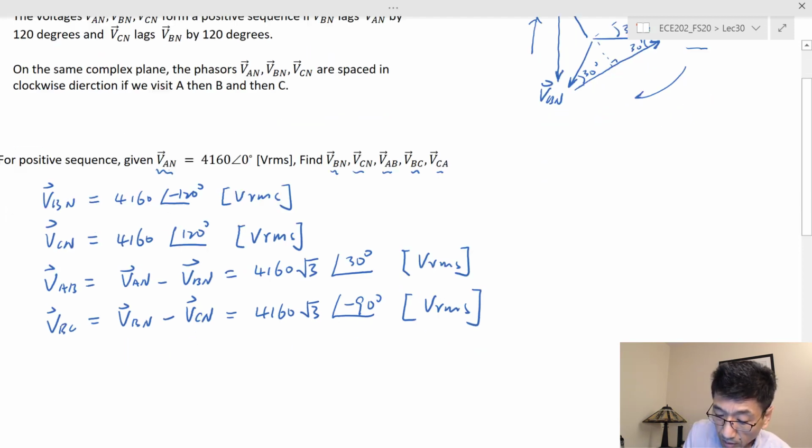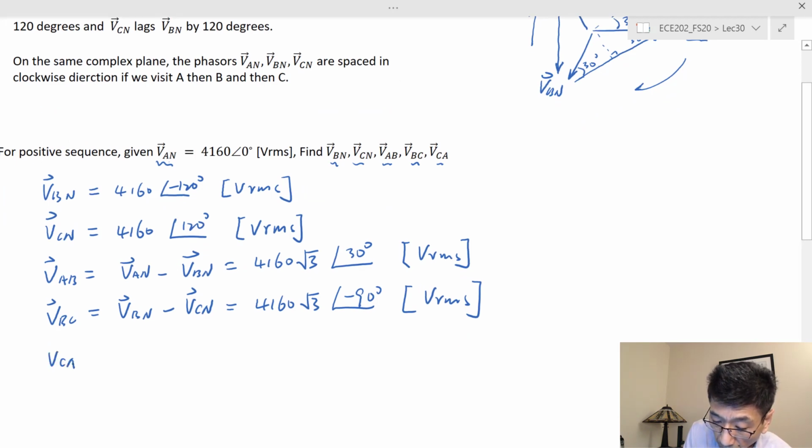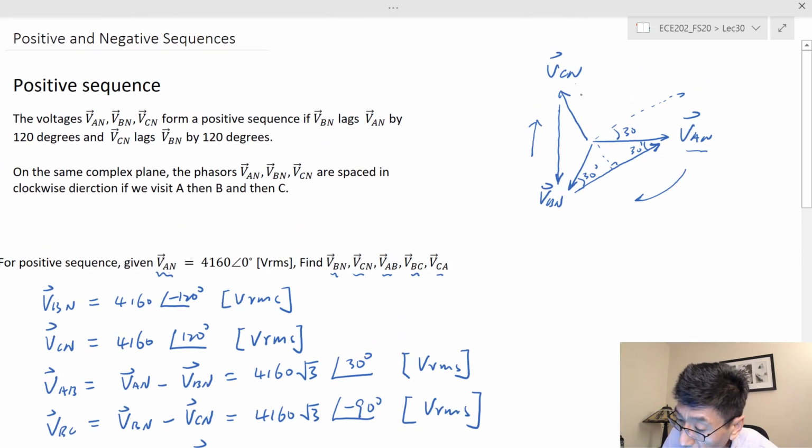And VCA is going to be equal to VCN minus VAN, and here that's going to be the phasor pointing to VCN.